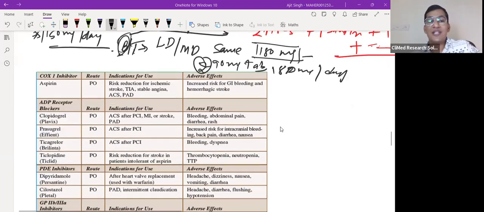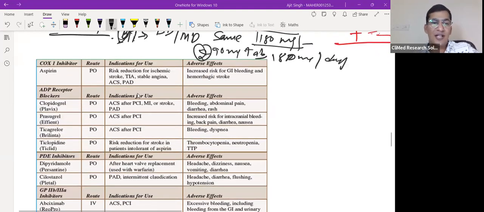Now these are some indications. Aspirin can be given orally, and the indications are risk reduction in ischemic stroke, transient ischemic attack, stable angina, and acute coronary syndrome, meaning unstable angina, STEMI and NSTEMI.